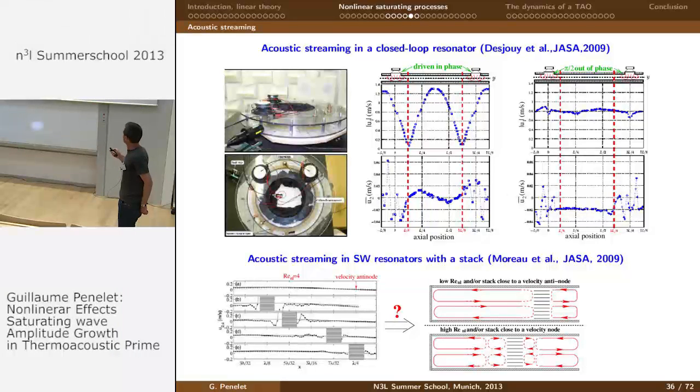But if the stack is placed close to a velocity node or at higher amplitudes, it seems that we have additional streaming cells next to the stack. And obviously, this will impact heat transport by acoustic streaming in a thermoacoustic engine.